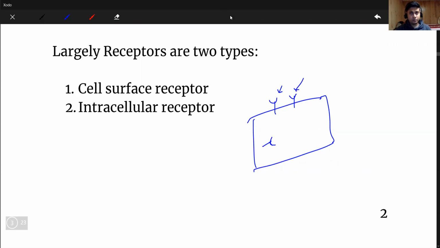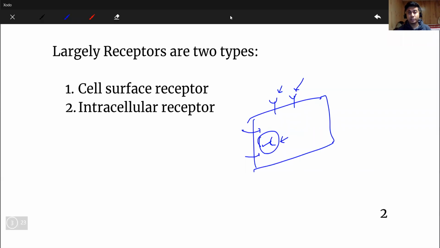Now, some of the receptors are inside. What does it mean? These receptors are for molecules which can pass through this membrane, and they can bind internally to their receptor.